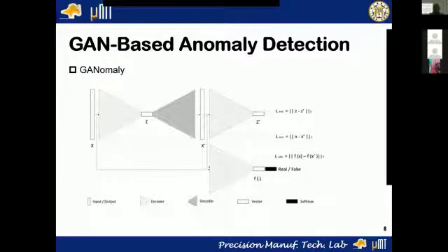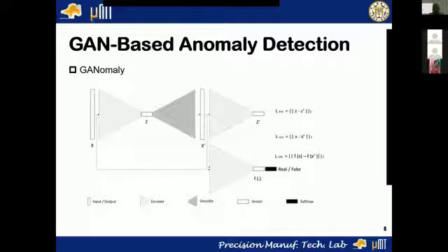GAN-based anomaly detection is an anomaly detection method designed with GAN. GAN anomaly, which is one of the best GAN-based anomaly detection models in recent years, consists of a generator, a discriminator, and an encoder. By training on the normal data, the generator can create images similar to normal images.